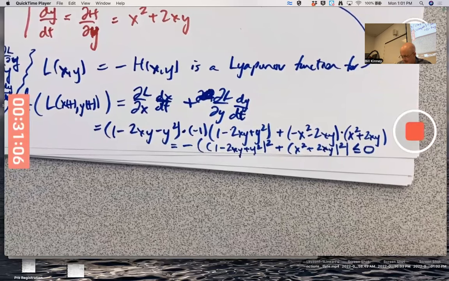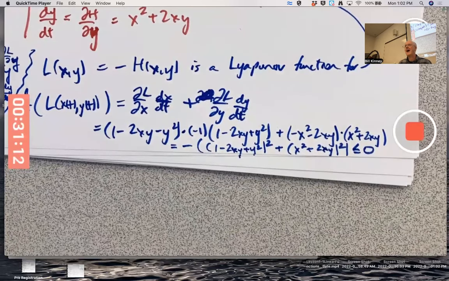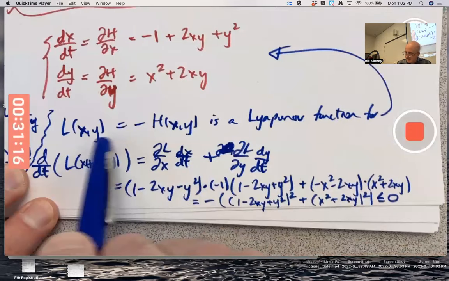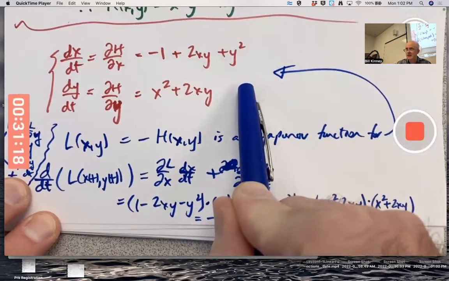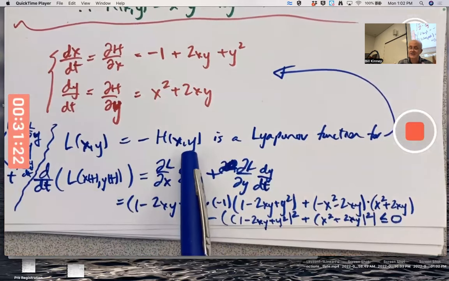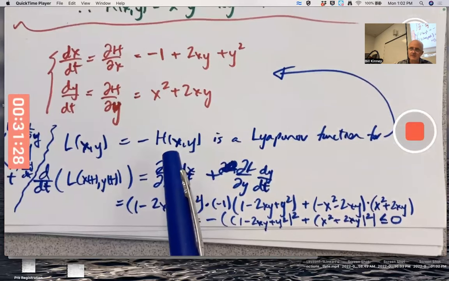What's the benefit of this? What's the benefit of knowing that's a Lyapunov function? In general, the benefit of having a Lyapunov function, which, by the way, this is going to be a Lyapunov function for a gradient system like this. And gradient systems always have the negative of the potential function as a Lyapunov function, but there are some non-gradient systems that still have Lyapunov functions.